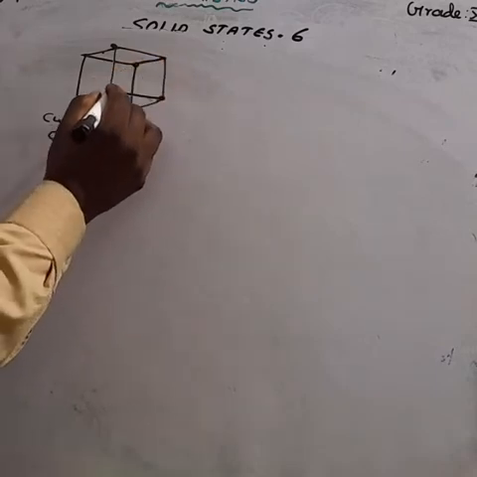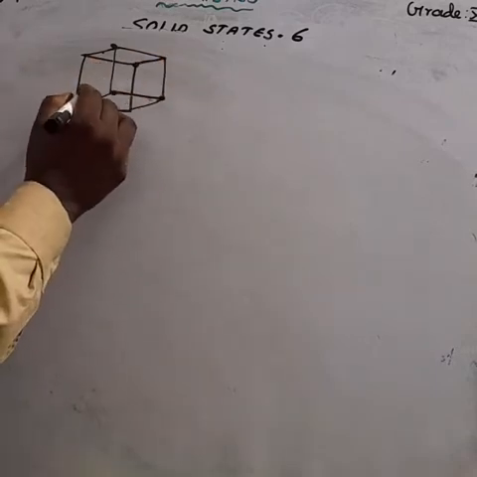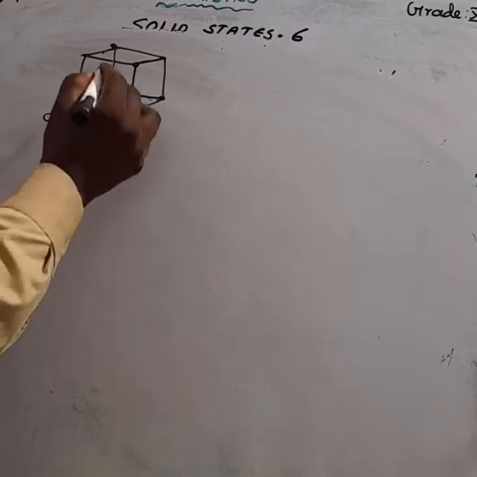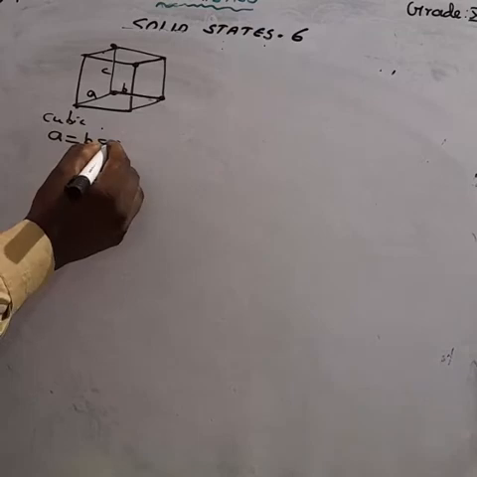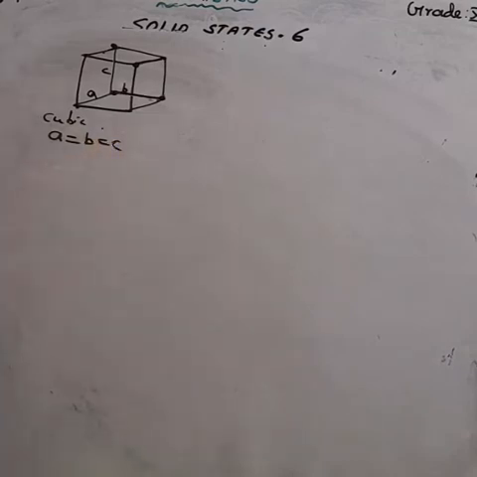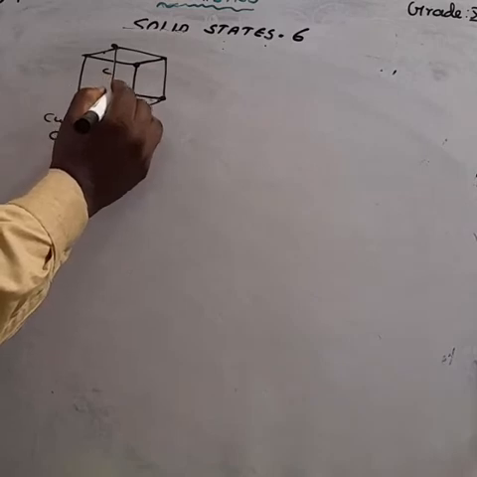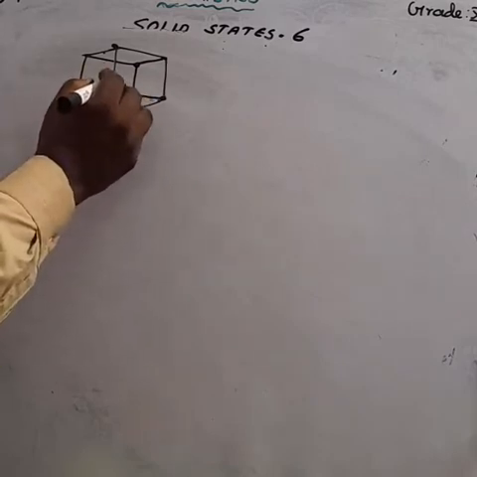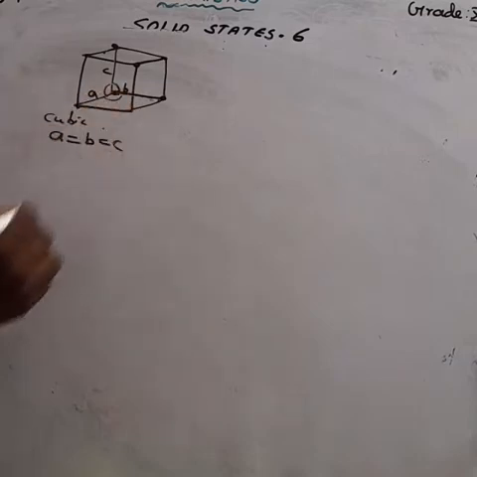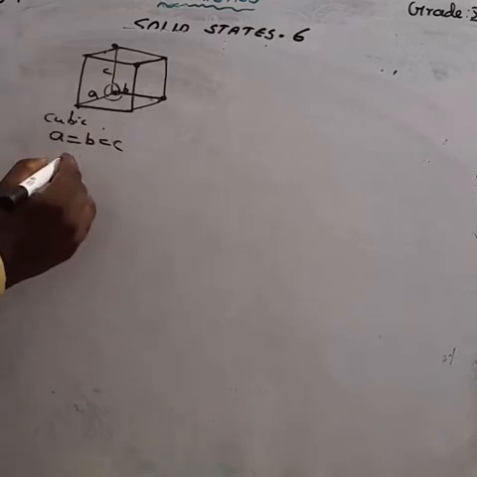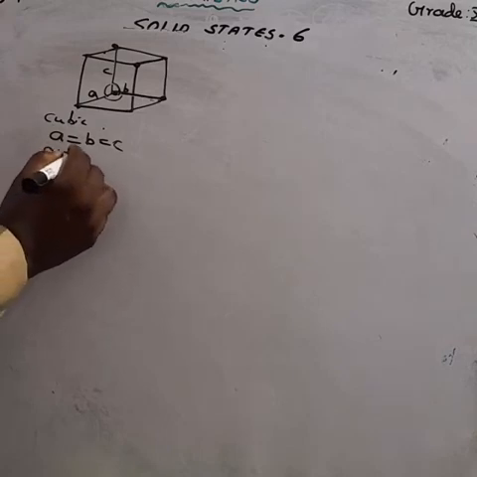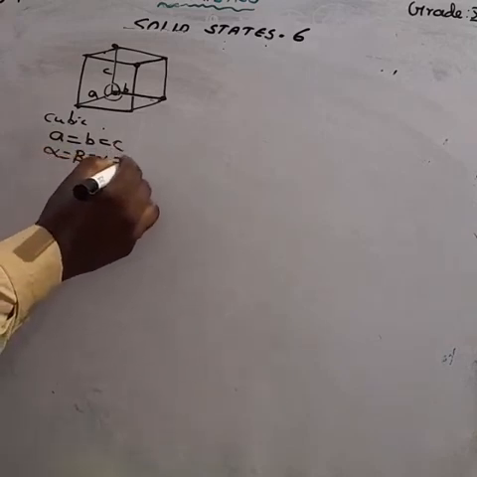Here this is a, this is b, this is c. So a is equal to b, and b is equal to c. Here this angle is 90 degrees, this angle is 90 degrees, this angle is 90 degrees. So we can say a equals b, b equals c. Alpha equals beta, beta equals gamma, that is equal to 90 degrees.